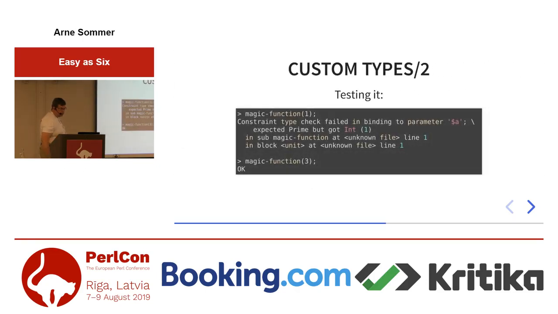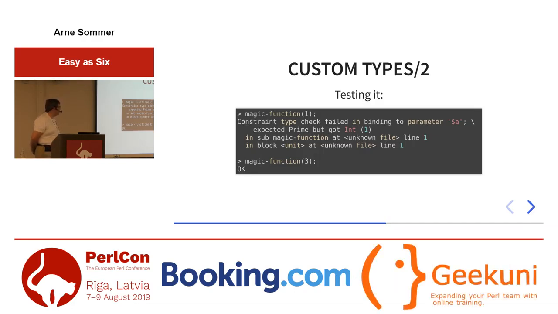We can test it. Call it with 1, and it fails because 1 is not a prime number. If you call it with 3, then it's okay. And because we used a custom type, the error message actually tells us exactly what is wrong.